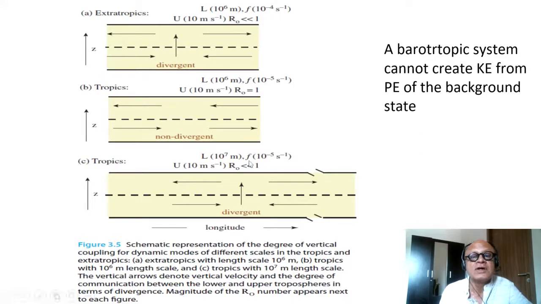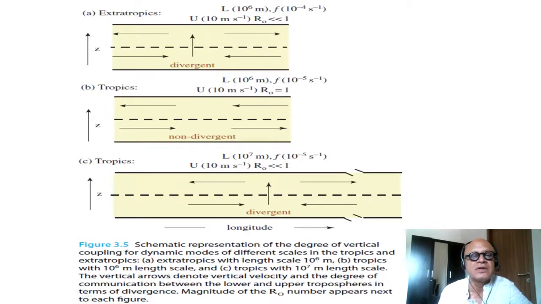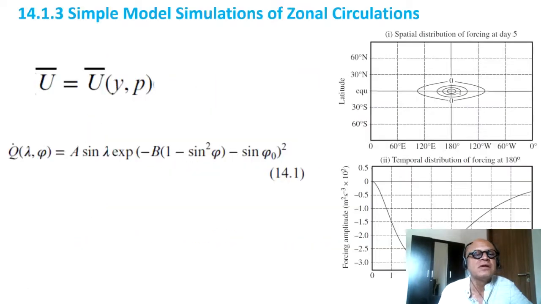Okay, so in the tropics at this scale, Rossby number is not much smaller than 1, because the vertical motions are very rapid and the assumptions we make for small Rossby number don't necessarily hold, which makes it a barotropic system. Whereas at larger scale, the Walker-Cell scales, you have Ro less than 1, and you have divergent flow, and you have vertical communication as shown here.